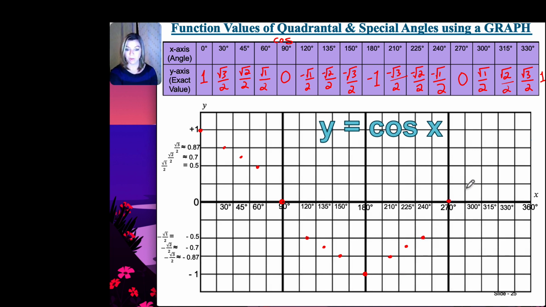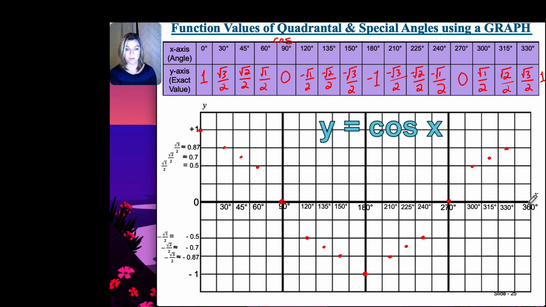And continuing to increase, we're at 300 is 0.5. Cosine of 315 degrees is approximately 0.7, exactly radical 2 over 2, approximately 0.7, okay? Cosine of 330 degrees is approximately 0.87, exactly radical 3 over 2.